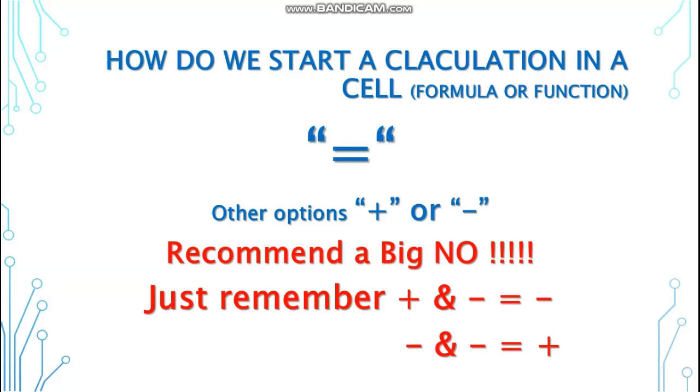Depending on whether the value in the cell is negative or positive, if you start with a negative symbol by mistake, it will change your output. So be a bit careful if you are using plus or minus. The better recommendation is the equal to symbol.